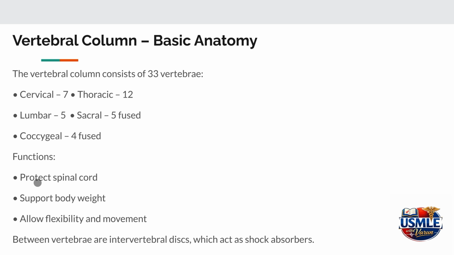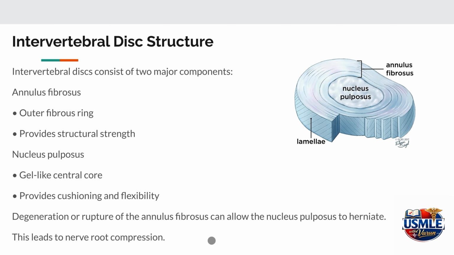The vertebral column serves several important functions. It protects the spinal cord, supports body weight, and allows flexibility and movement of the trunk. Between adjacent vertebrae lie the intervertebral discs, which act as shock absorbers and allow controlled movement of the spine.